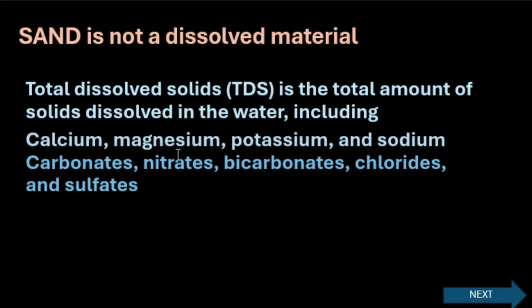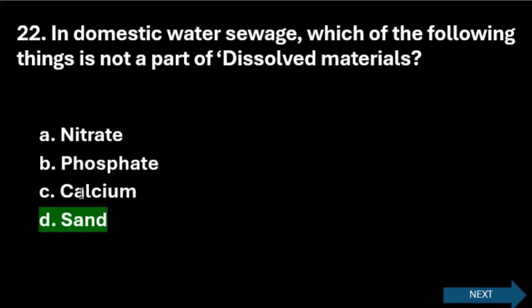If you know this, you can easily answer the question. Like you can exclude this and choose the option sand. Even if you don't know this, with common sense you can identify sand is not a dissolved material. It will just stay as it is. So sand will be the answer. Either way you can answer this question. This sort of question is a luck factor for you.